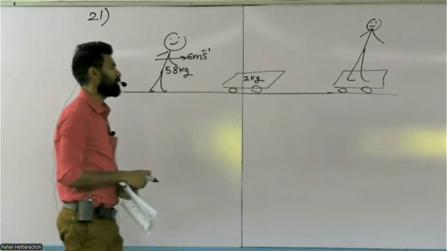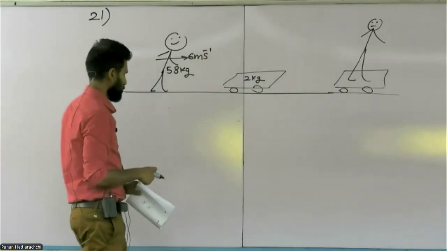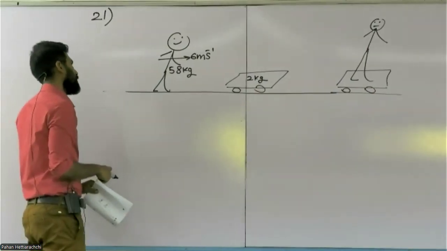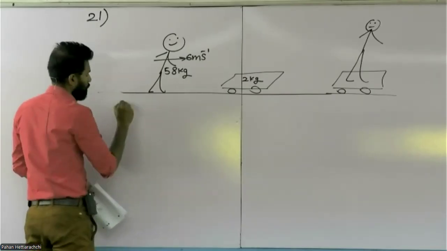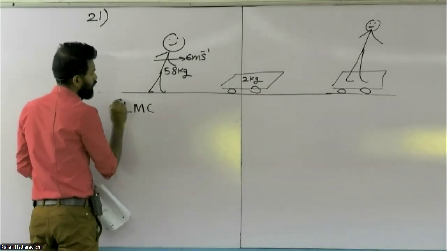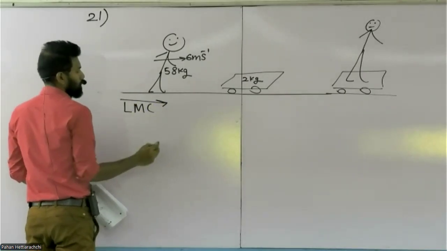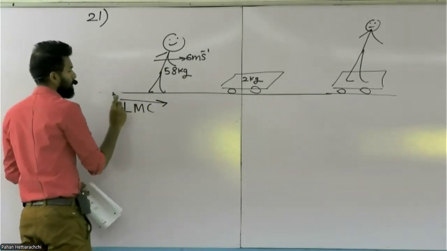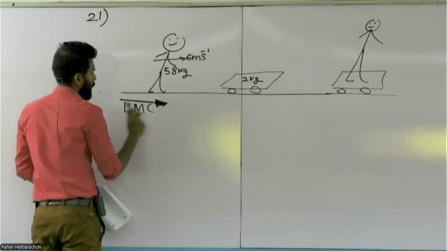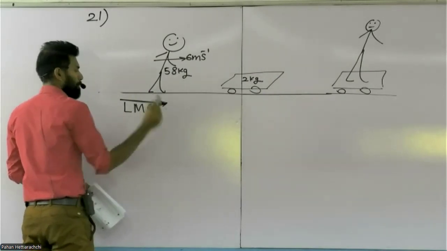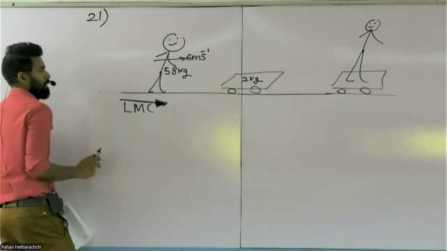But each force has its third law companion, so when you consider the system, they will cancel out. So I am applying LMC in the rightward direction horizontally. Linear momentum conservation, horizontally rightwards. Arrow and LMC trace. I have to write it in the exam.